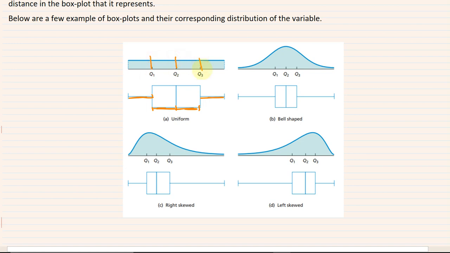Those equal widths, and the box, of course, starts at Q1 right in here, the middle is Q2, and Q3 is here, and then you draw the box. So this would be the box plot of a distribution that is uniform.